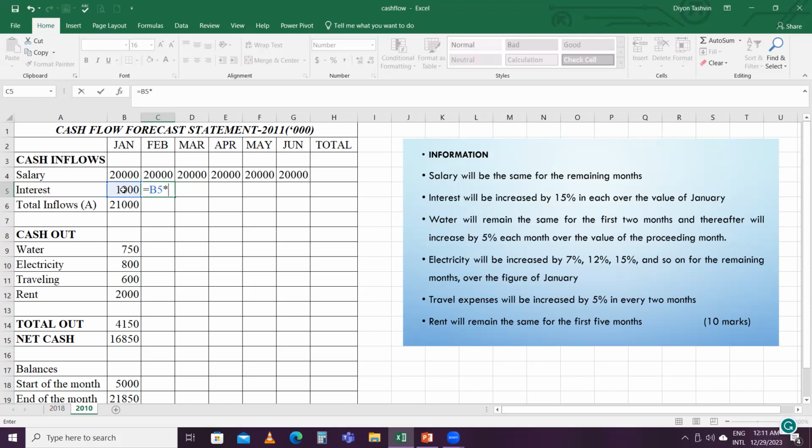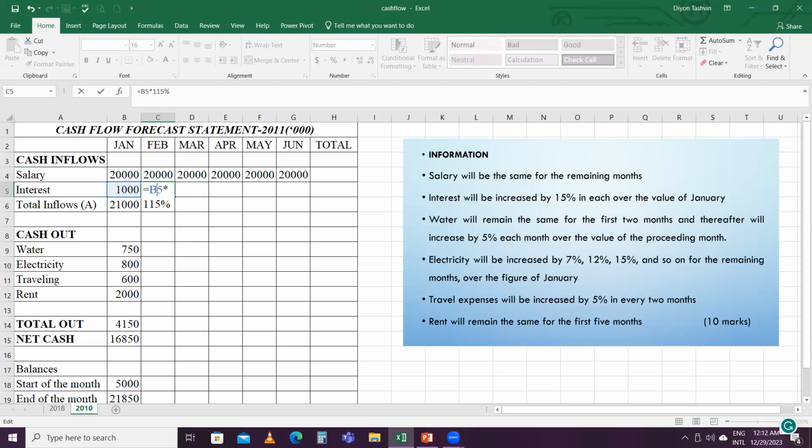Because it's an increment, we can take 1.15, or if you want, you can put it as 115%. Both are correct.